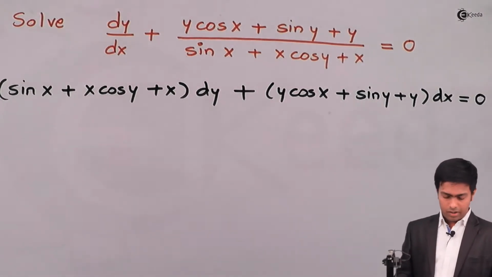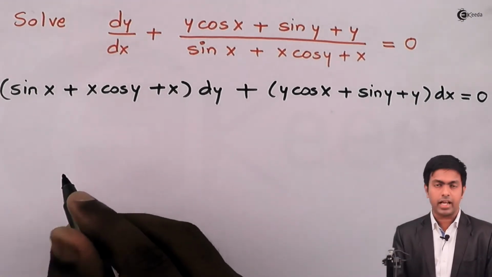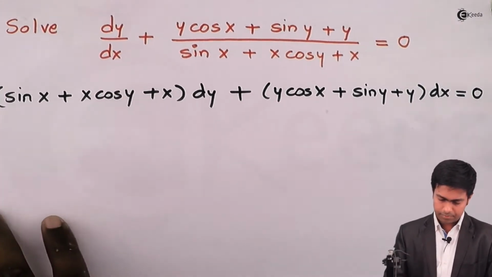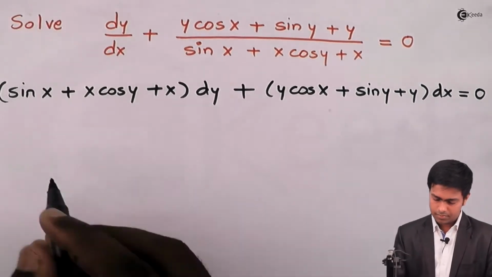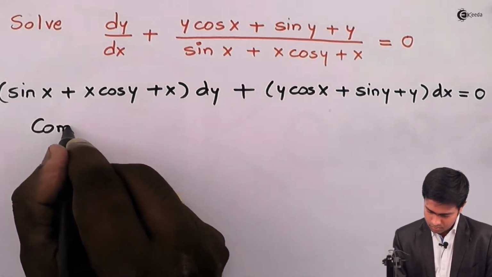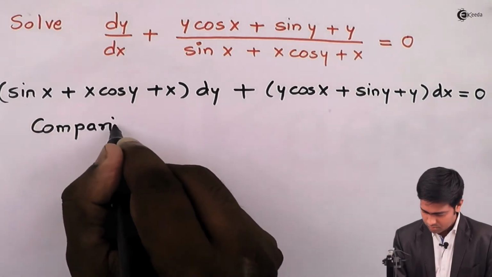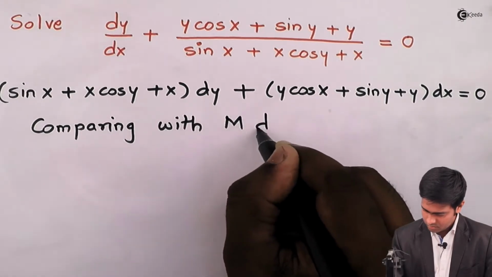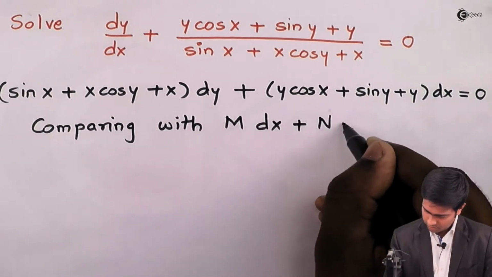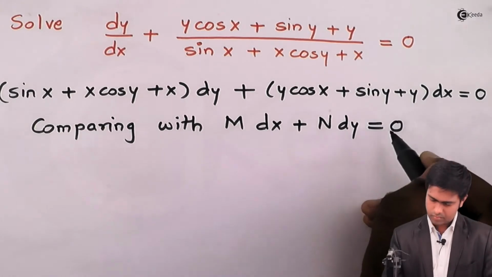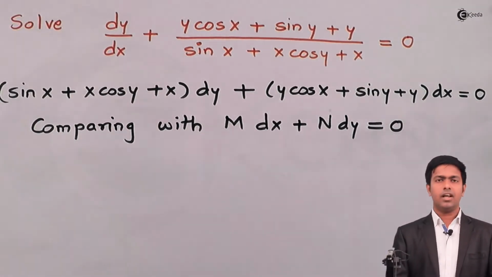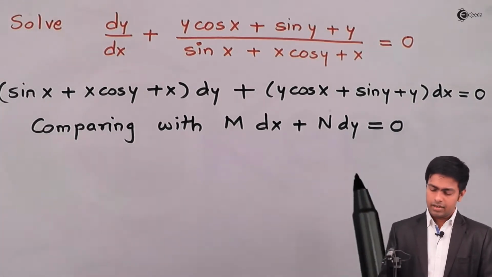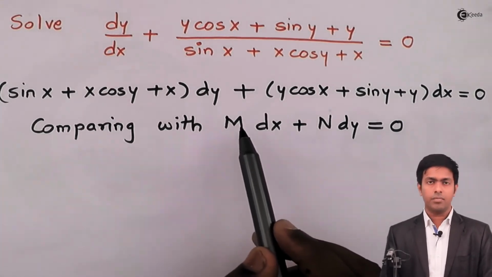Here we'll compare this equation with M dx plus N dy equal to 0. Now comparing with this form, we can say that M is the term which is with dx.